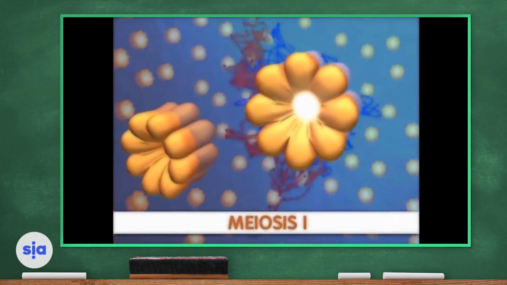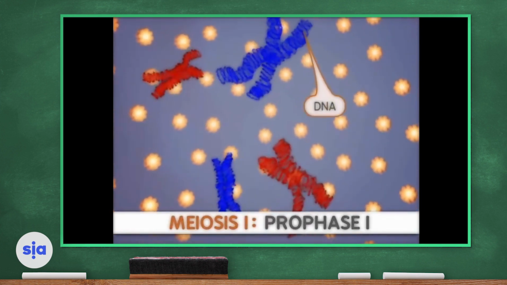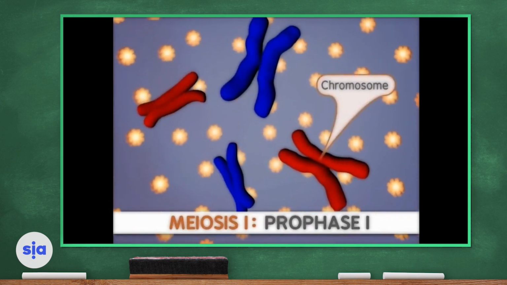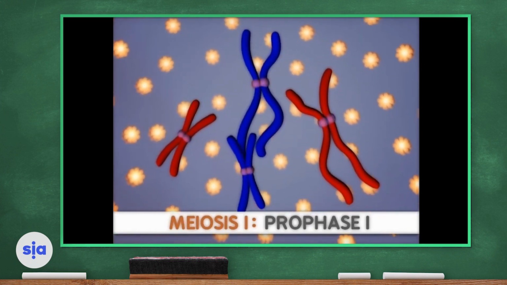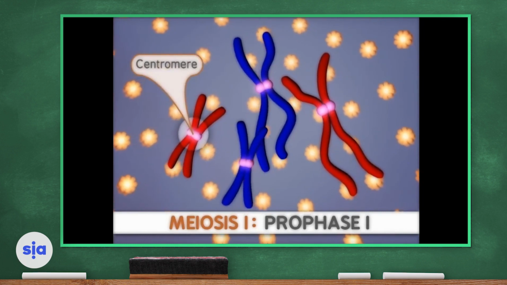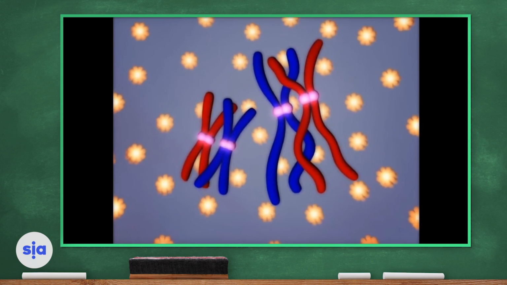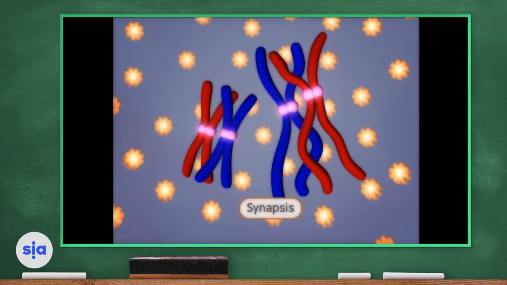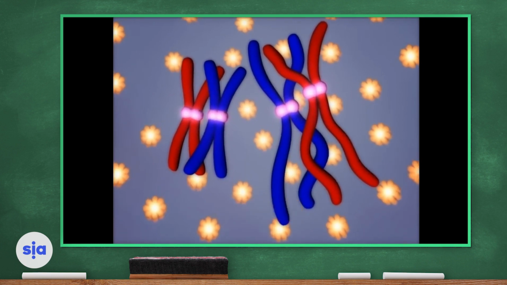Meiosis begins with prophase 1. In this stage, the DNA condenses to form chromosomes. Here we see the duplicated sister chromatids joined together at the centromere. They stay fused at the centromere throughout meiosis I. Next, each pair of homologous chromosomes undergoes synapsis to form a complex involving two pairs of sister chromatids.